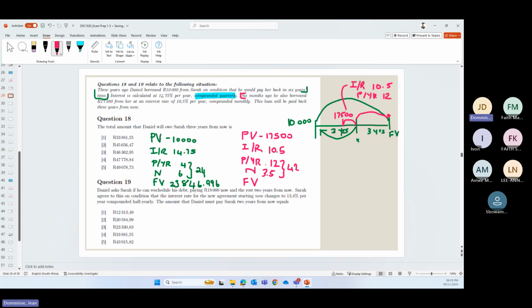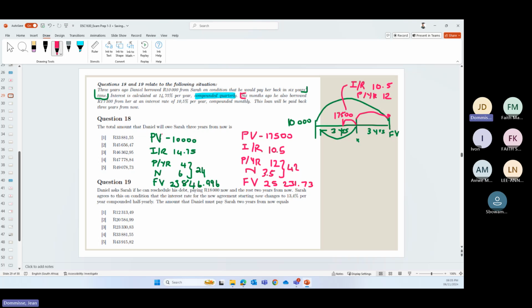So we go through the same principles, but 10.5 interest rate, 12 times per year. So instead of 4, now it is 12, 3.5 years, which gives us the 42 periods. And then if we work out the future value, we get 23,231.73.